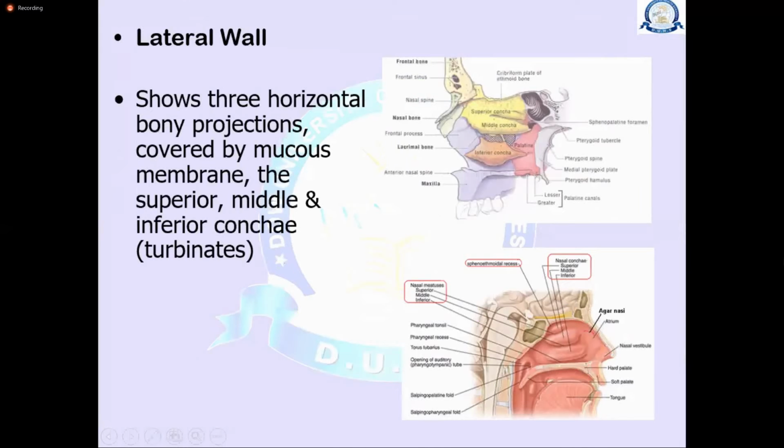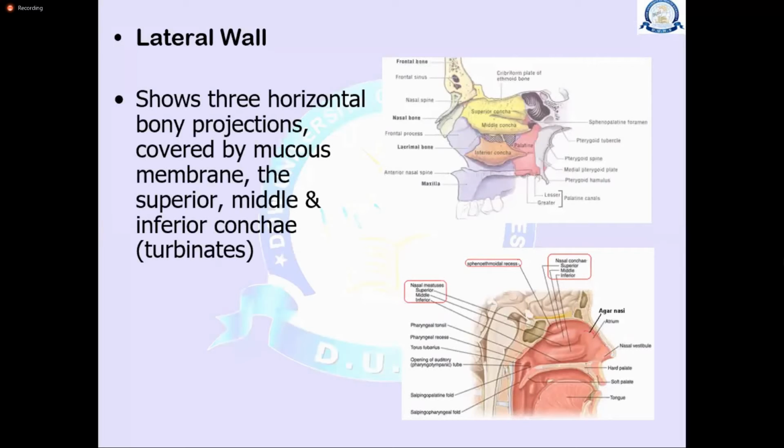On the lateral wall, there are a number of projections which increase the surface area of this wall. On the lateral and medial walls, where you have bones present, the mucous membrane is adherent to the periosteum of the nose, and the mucous membrane is continuous throughout the structures which are in continuity with the nose.